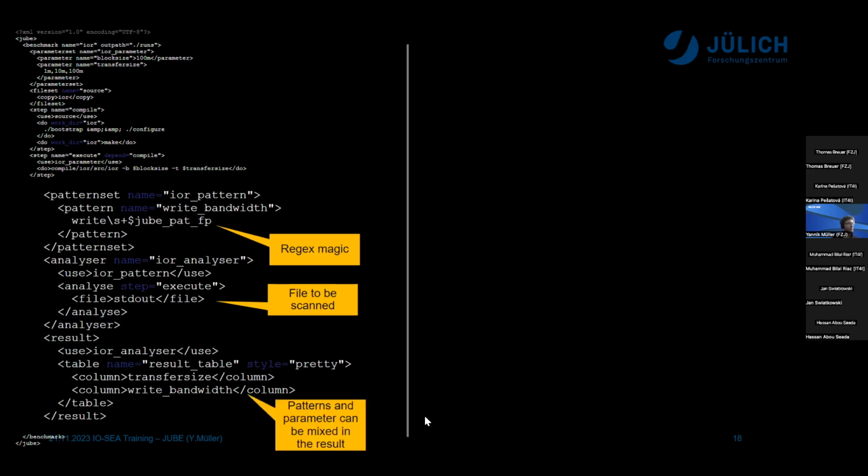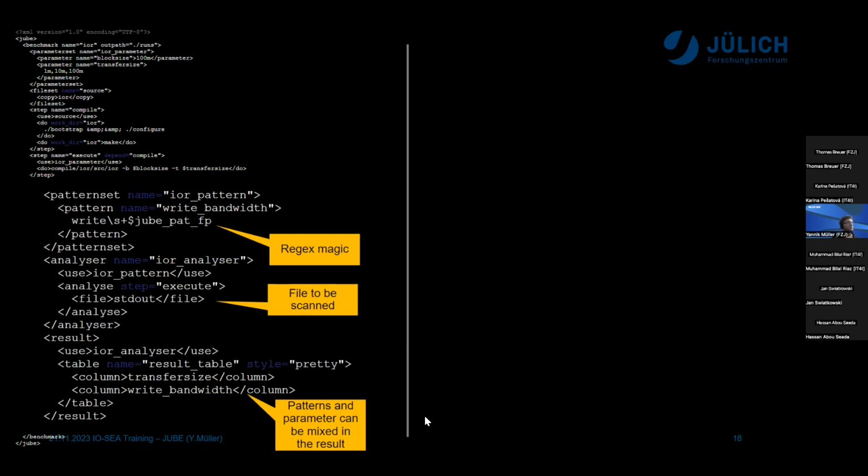And lastly, we define how to view our results. We show the table, and we have the possibility to make tables or to put the data into a database, but for that I don't have a slide yet. So here we define a table just called result, with style pretty, and then we say transfer size and write bandwidth.